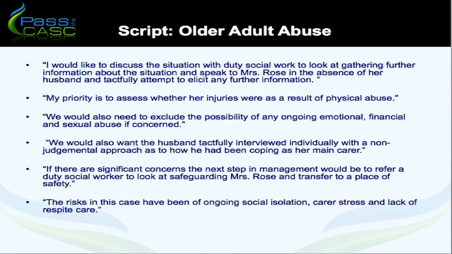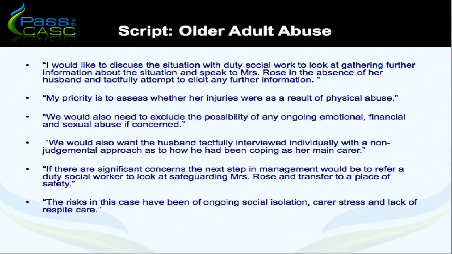Then I would like to discuss the situation with duty social work urgently to look at gathering further information about the situation and speak to Mrs. Rose in the absence of her husband to tactfully attempt to elicit any further information. My priority is to assess whether her injuries were as a result of physical abuse. We would also need to exclude the possibility of any ongoing emotional, financial, and sexual abuse if concerned.